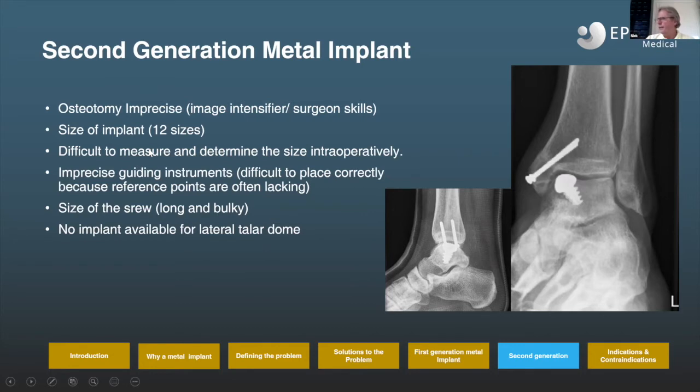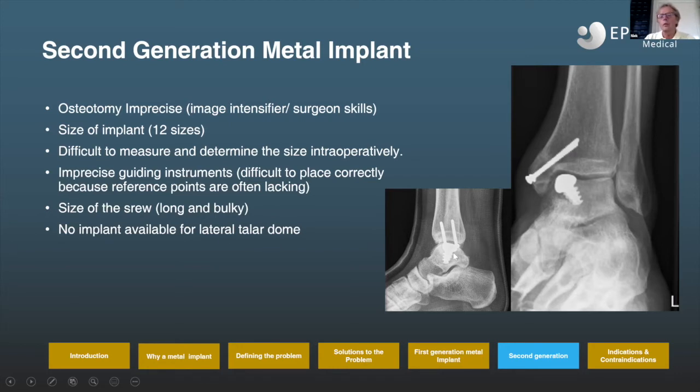It was very difficult to measure exactly how to place the implant, because once you have removed the defect, then you have a hole, and your reference points have gone. So it's not so easy to place exactly the central K-wire because there's no cartilage surrounding it anymore, because you removed it because of the lesion. So the guiding instruments were not very accurate.